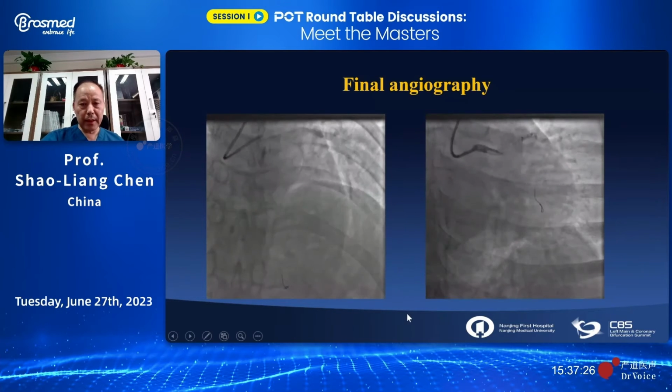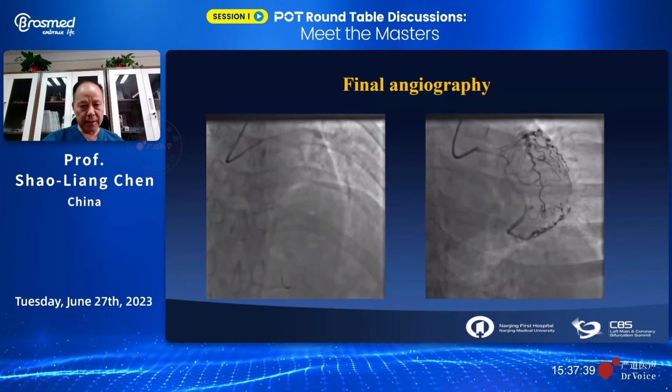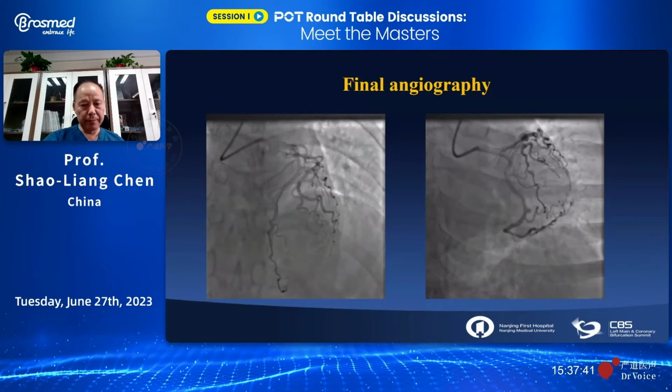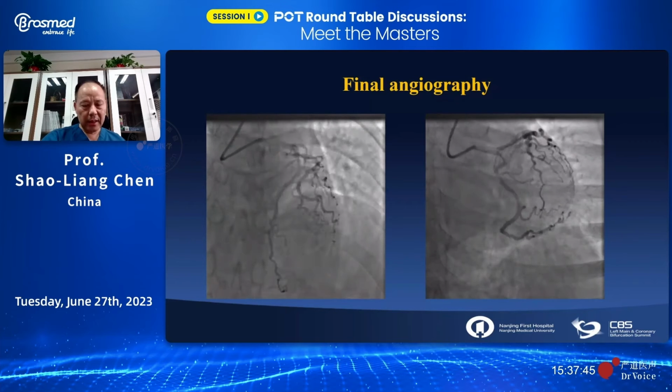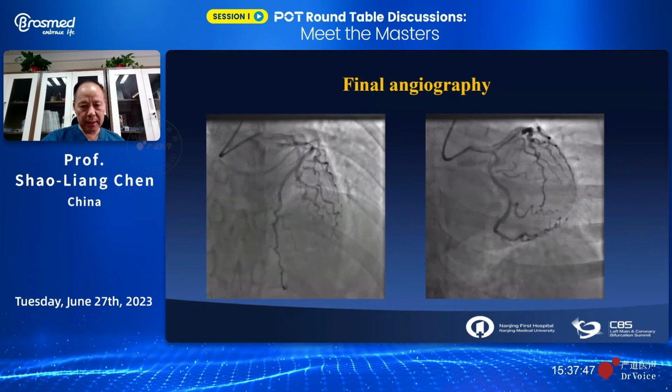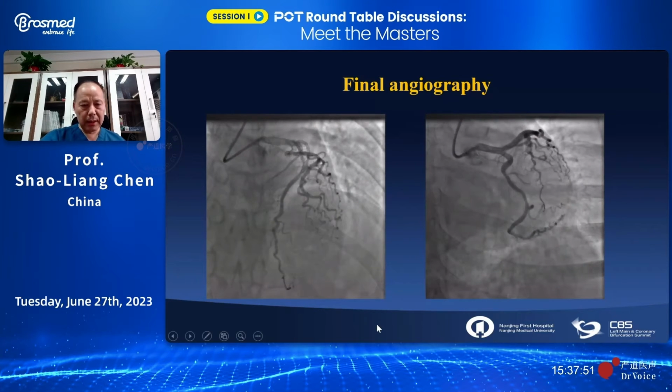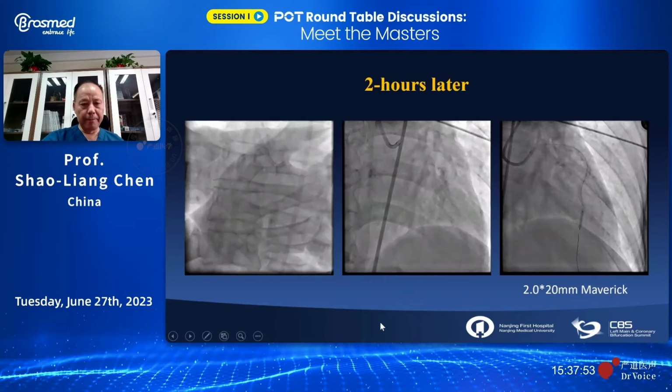This is the final angiography from LL cranial and AP caudal views. Both showed no sign of intra-procedural complication. Particularly from LL cranial, there looks like a very mild plaque at the very proximal LAD, so they didn't touch the LAD any more.